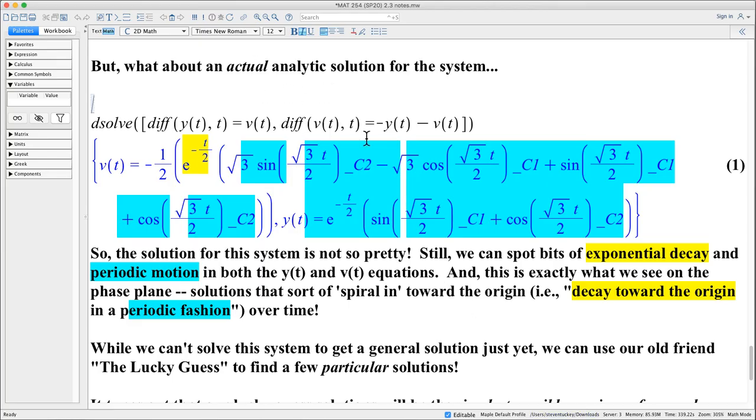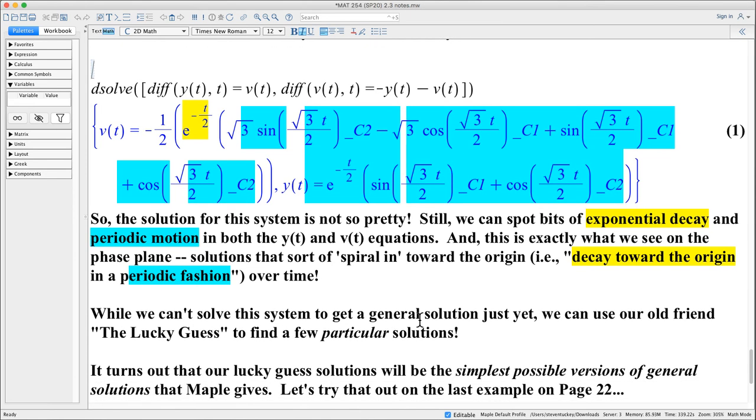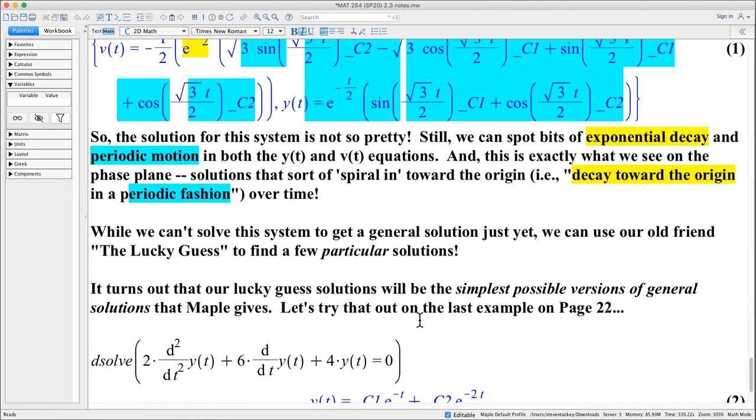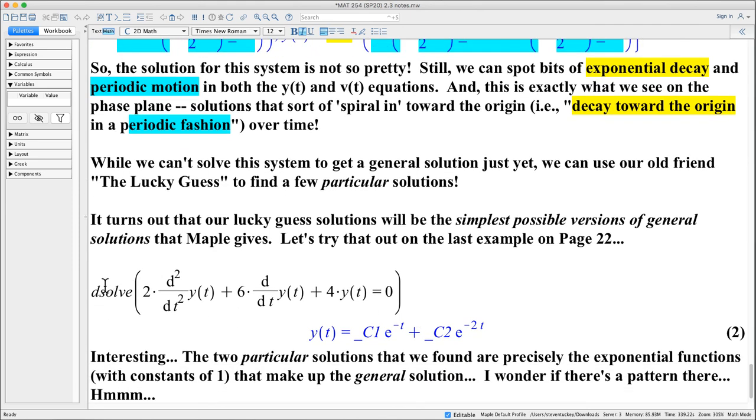We left off looking at the general solution for this crazy system, but what if instead we tried to do a dsolve on this thing? So this is me doing dsolve on my second order differential equation, and Maple says, hey, no problem, here's the general solution. Look carefully at the general solution. What do you notice?